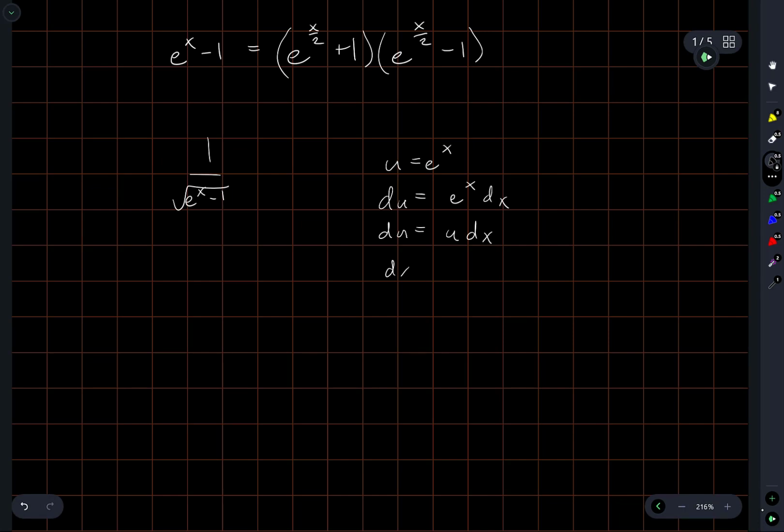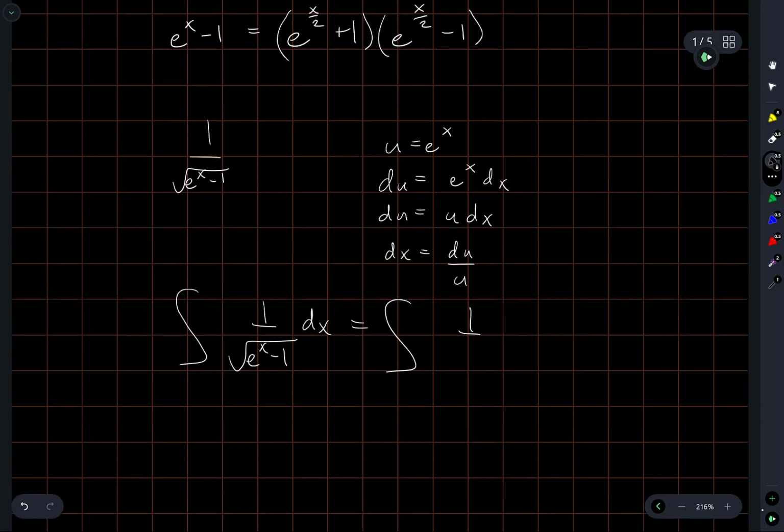So dx is du over u. And so I have the integral of this thing, dx, equal to the integral of 1 over the square root of u minus 1 times du over u. Does this help?